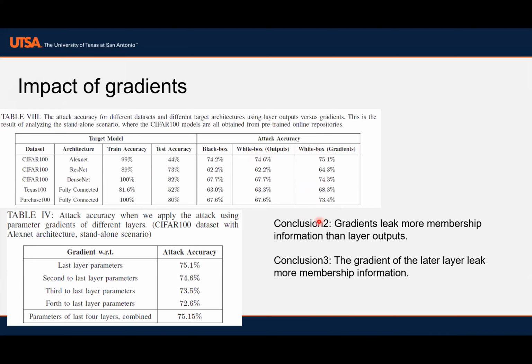Then we get the second conclusion: gradient leaks more membership information than layer outputs. We also calculate the last layer gradient and the second to last layer gradient. We can see the latter layer of the gradient leaks more membership information.